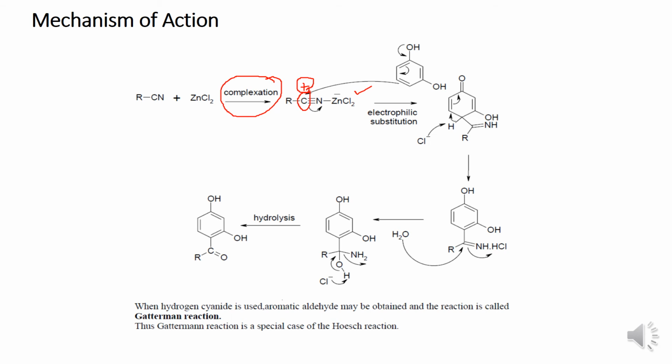I mean, addition of acyl group takes place at ortho of this polyhydroxy. Ortho directed compounds are major here rather than para. Only this position is preferably, I mean, more predominant.